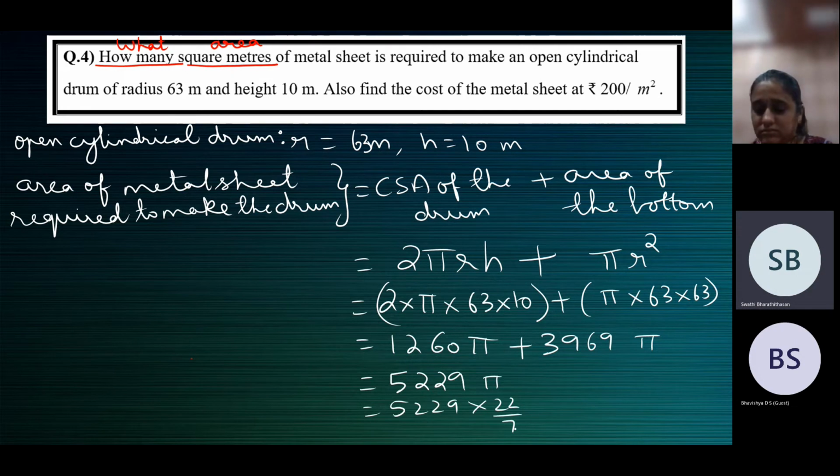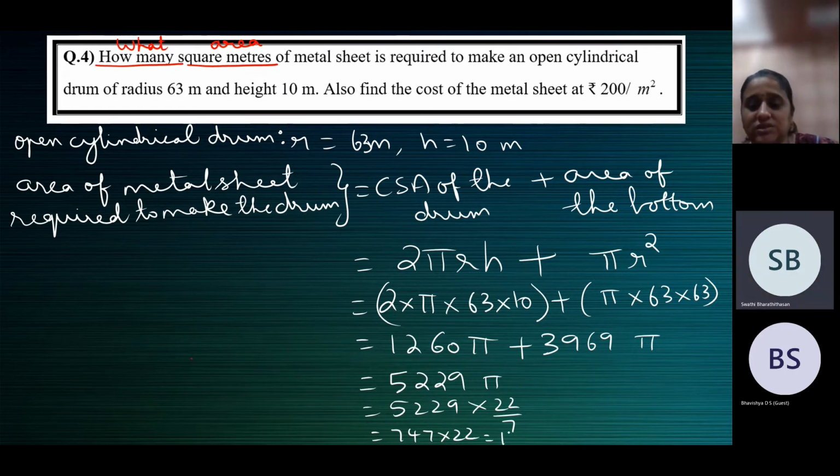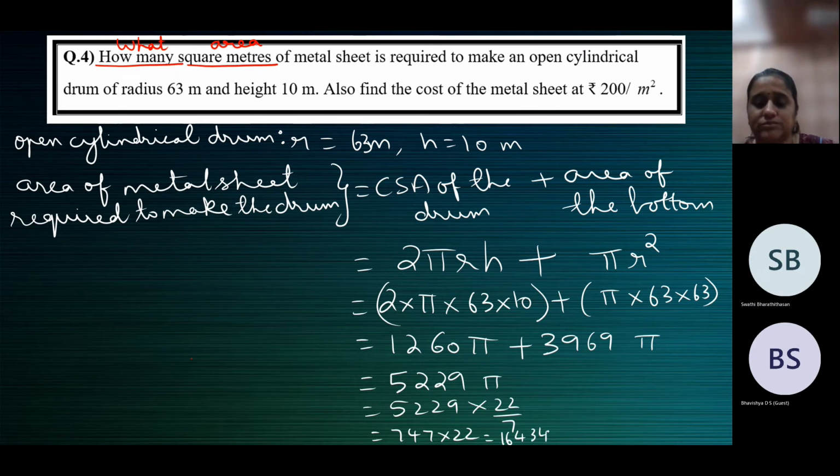Ma'am, I'm getting like 16,434 now. Yeah, let me check. 747 into 22. Yeah, 16,434. Very good. 16,434 unit centimeter square, correct?